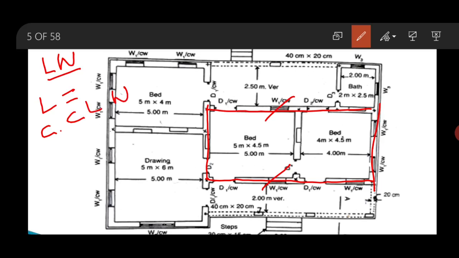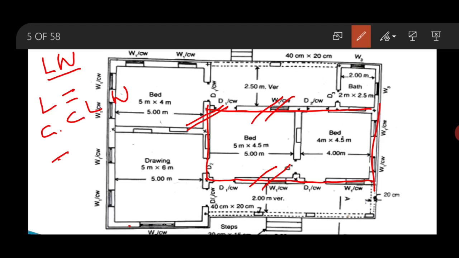So see here, these two are the long wall, and this side of this long wall has already been completed under the first part. Okay. Therefore, this portion is to be deducted.